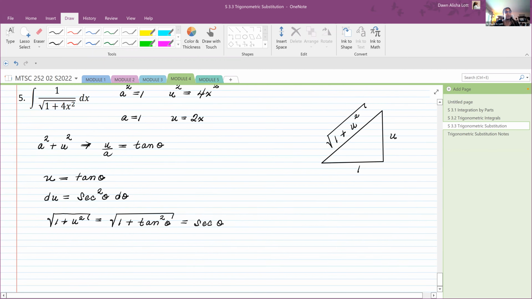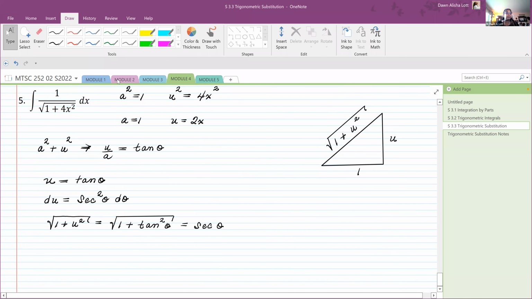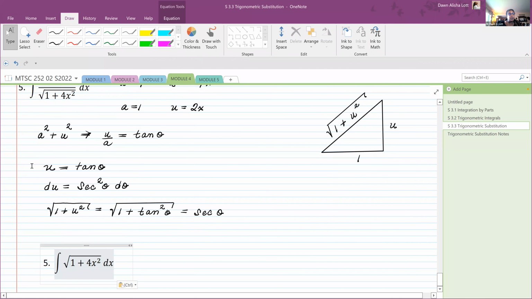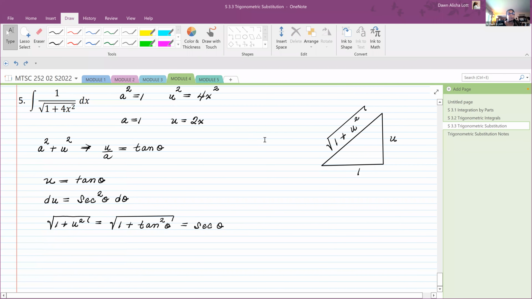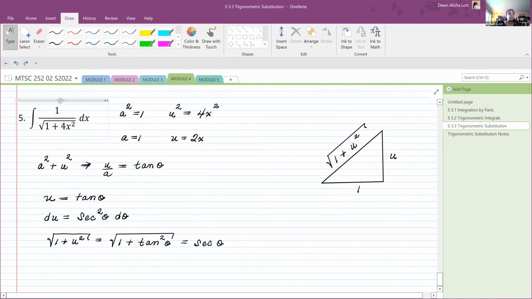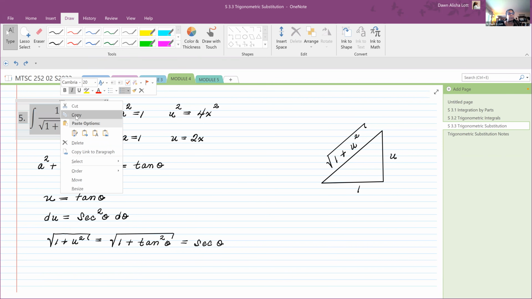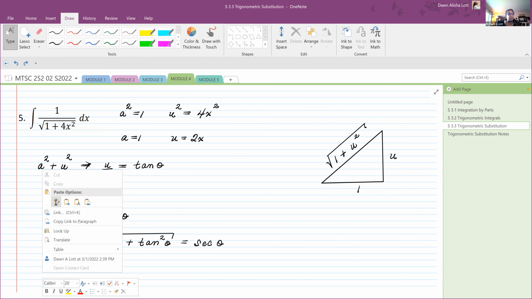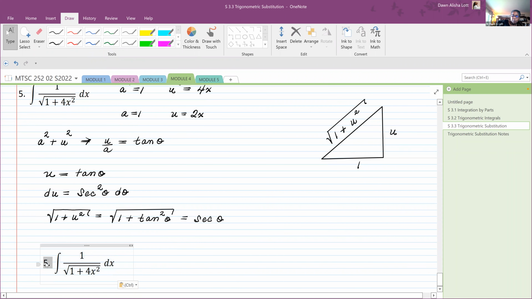Okay, so what do you get for this problem? Danielson, did you get a substitution yet?